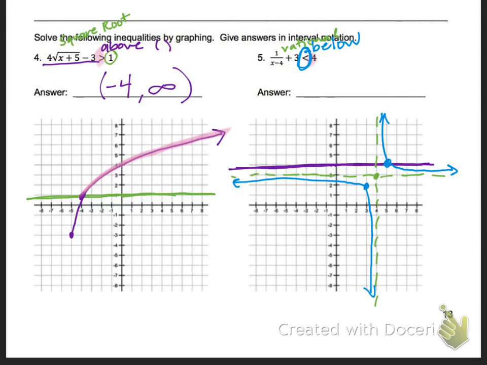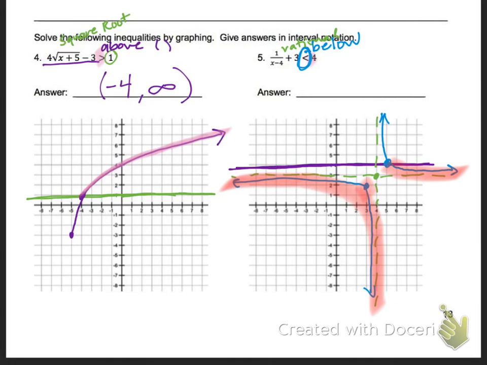I want you to highlight everything that is below my purple line. Here, and all this. Now, I want you to think about what is the interval that is contained in my red highlighted lines.